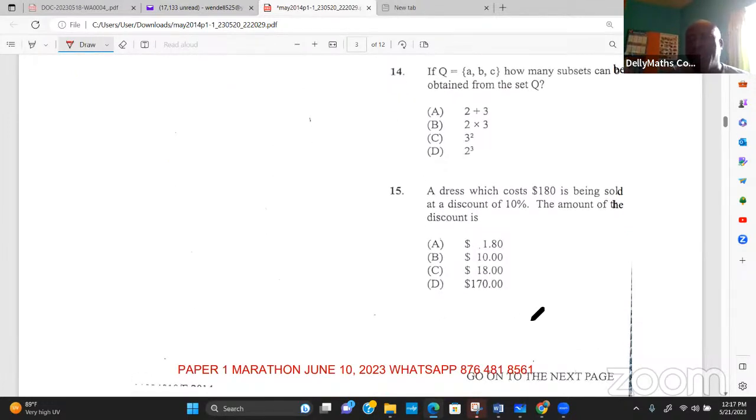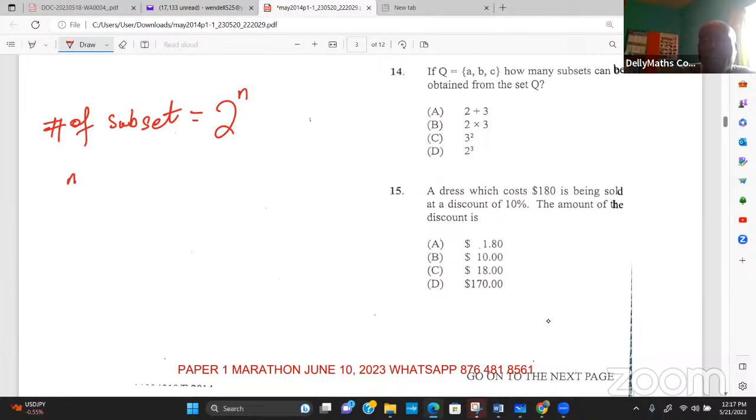If Q is equal to {A, B, C}, right? How many subsets can be obtained from set Q? Now, everybody make a note of this, that the number of subsets is equal to 2 raised to the number of elements. 2 raised to the n, and n refers to the number of elements.